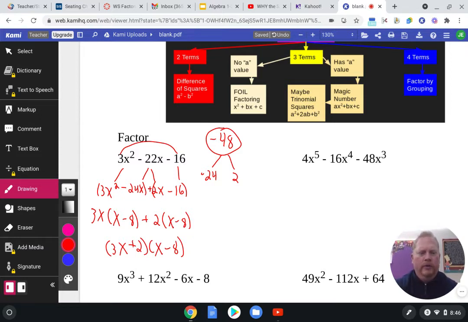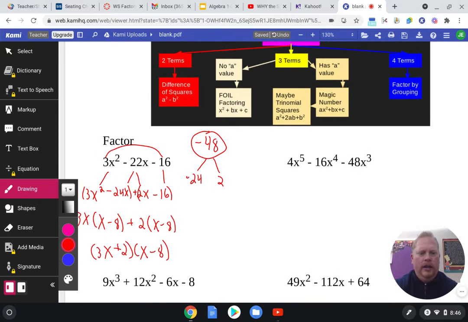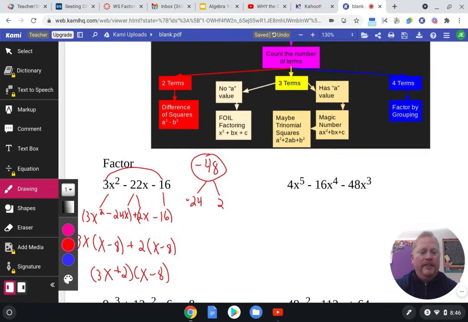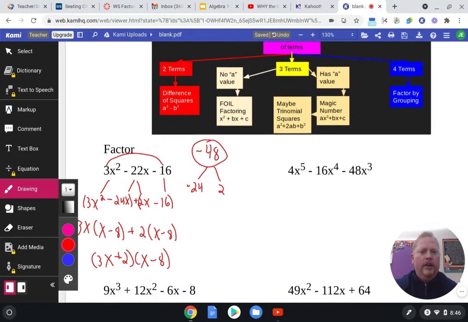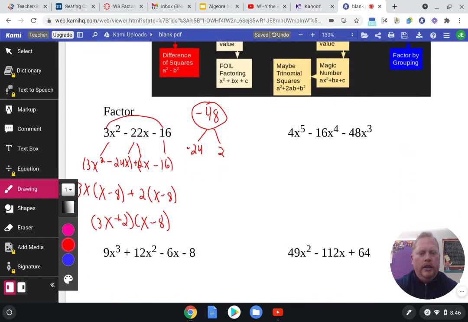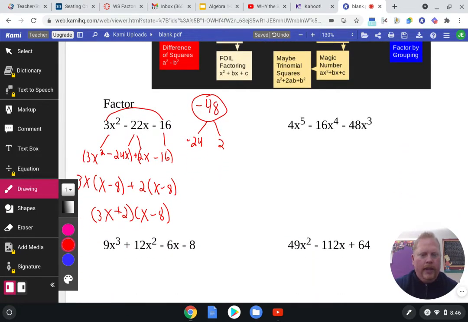All right, let's take a look at the one right next to it. It looks very similar in format. However, I'm noticing that my exponents are much bigger: 4x to the 5th, x to the 4th, x to the 3rd. So I need to check for a GCF. x to the 3rd is going to be part of it, and 4 goes into all three of those numbers.